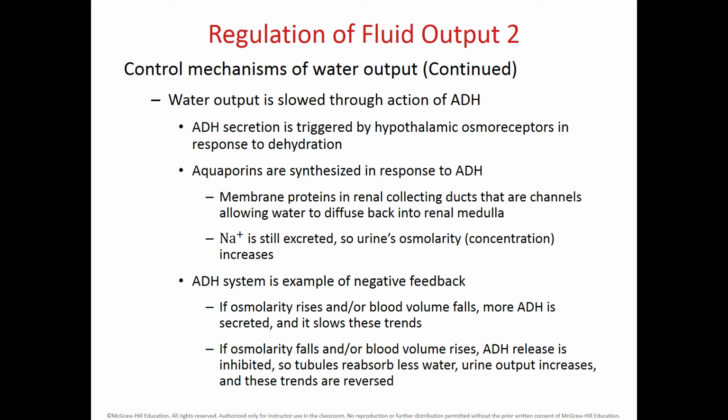the collecting ducts. So you can have water back into the medulla, and then you can have this absorption of water into the circulatory system, and then you can decrease your osmolarity.